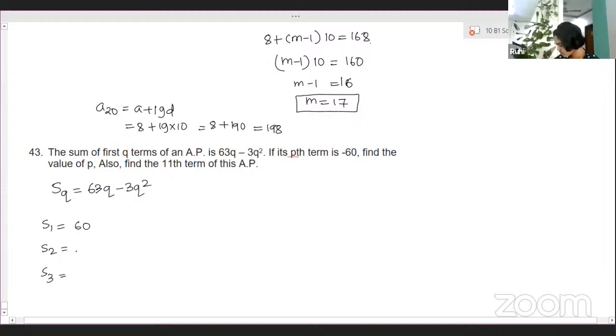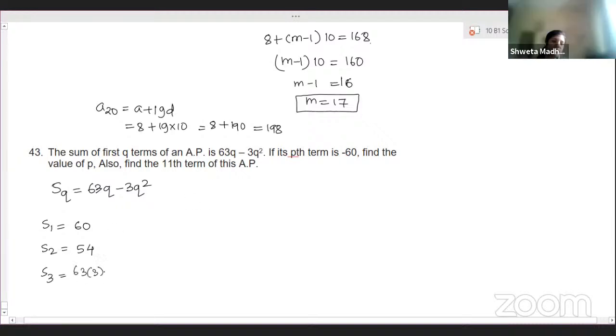Ma'am, S2 is 54. And S3? Ma'am, I didn't calculate S3. 63 into 3 minus 3 into 3 square. 189 minus 27, ma'am, 162.